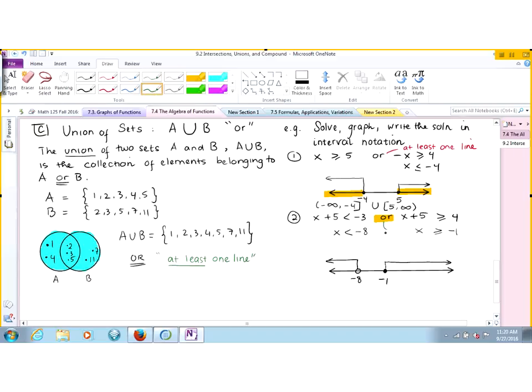Good. What does OR mean? At least one line. So which ones have at least one line? Negative infinity to negative 8, negative 1 to infinity. Are we okay so far? Anybody need clarification? No, this is very simple, right?